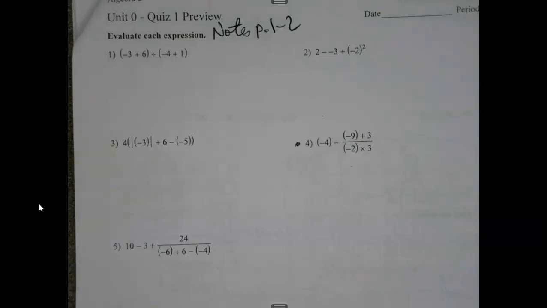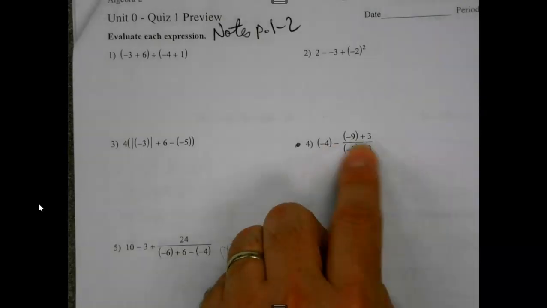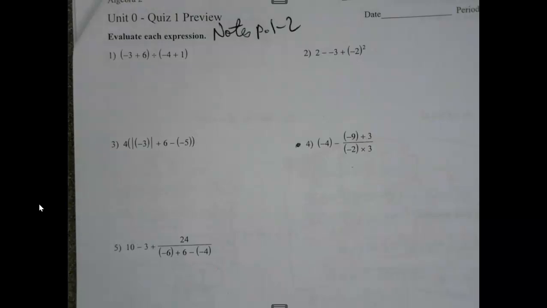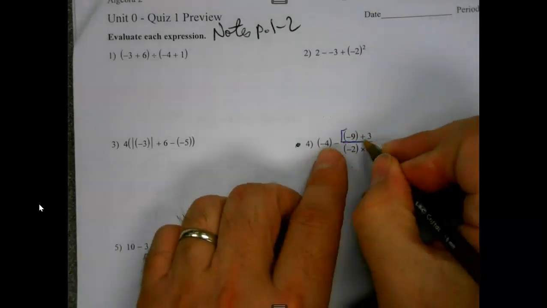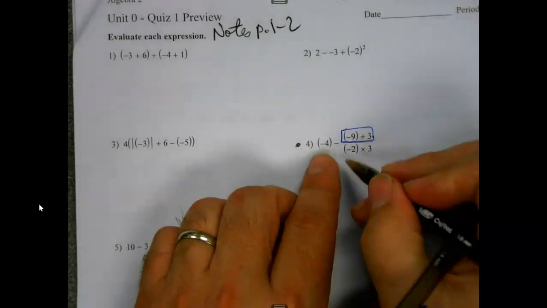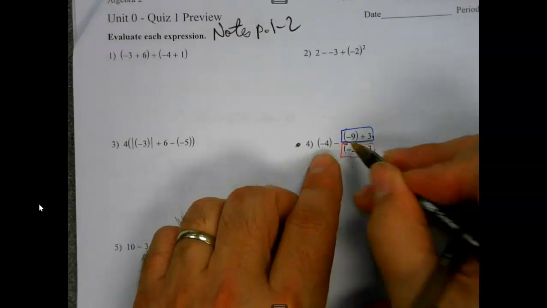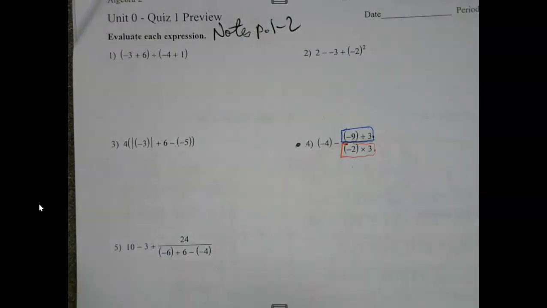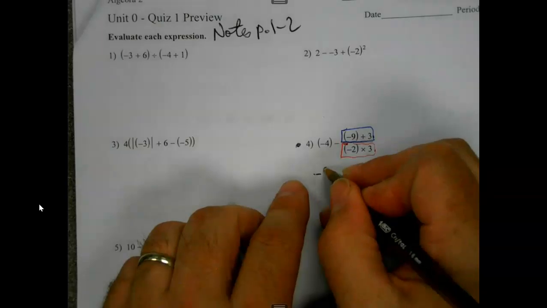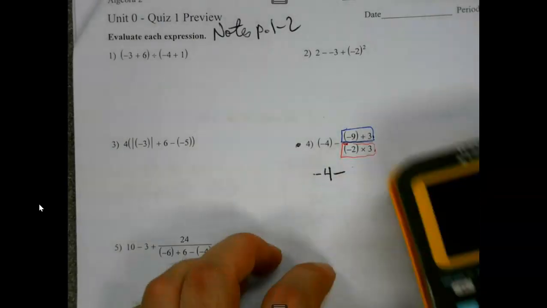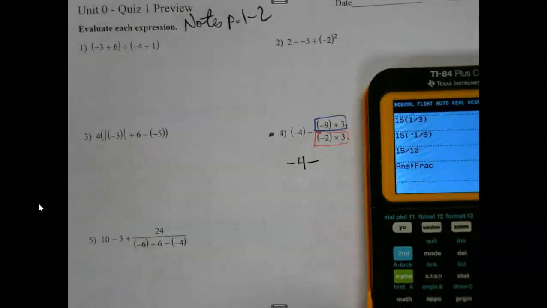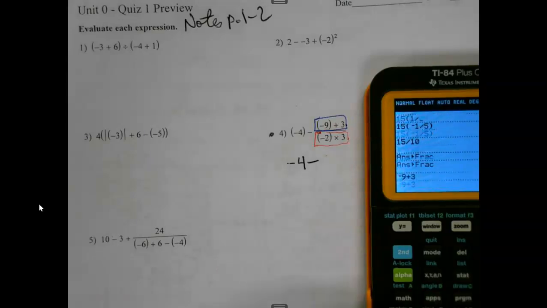So here, the only danger is that big fraction bar right there. If there's ever a big fraction bar, you need to do the stuff above it and underneath it separate and then go to get the answer. So like here, we've got -9 plus 3.